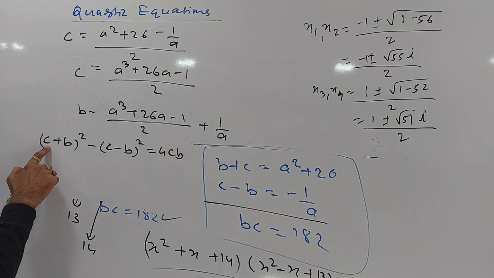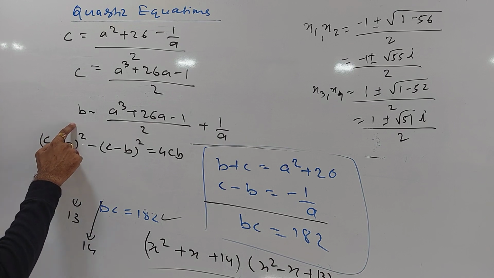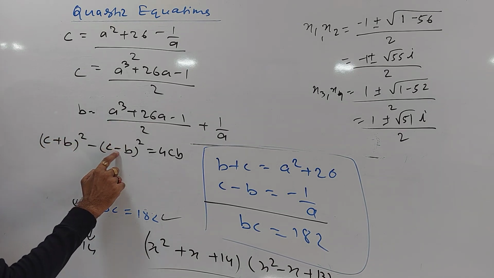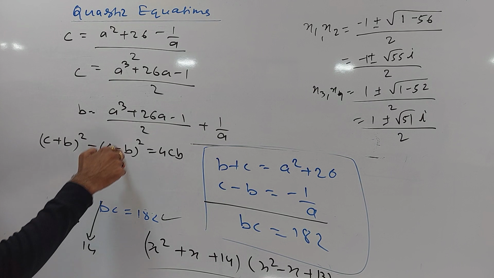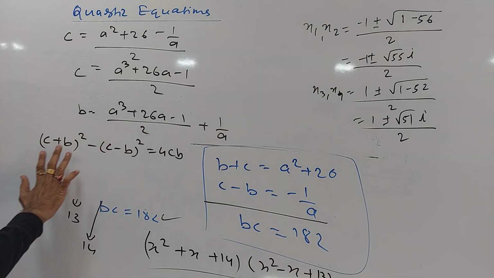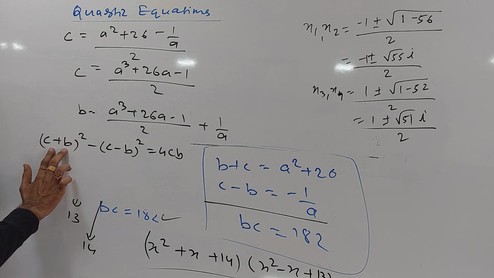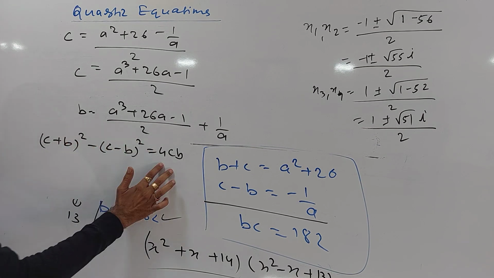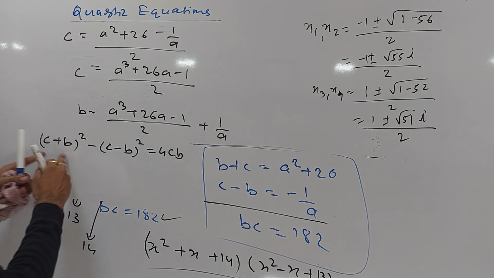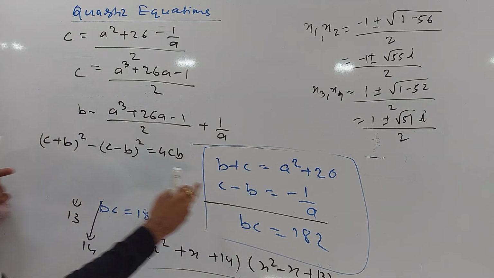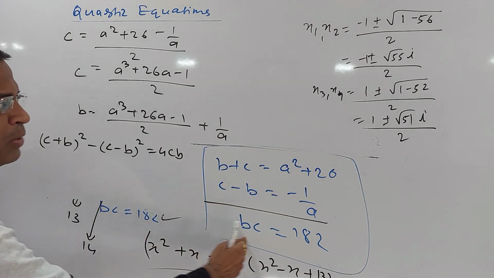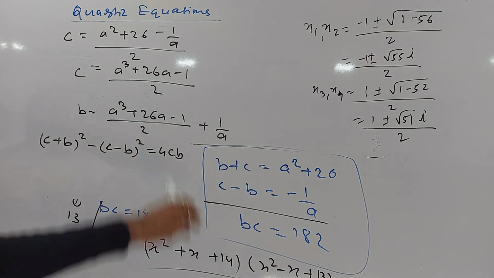I will just expand it. C square plus 2CB plus B square minus C square plus 2CB minus B square. So C square minus C square and B square minus B square get cancelled. The middle term plus 2CB is 4CB. So look here. C plus B whole square value is known, C minus B whole square value is known, and 4CB value is known. So you can solve that, you will get your answer.